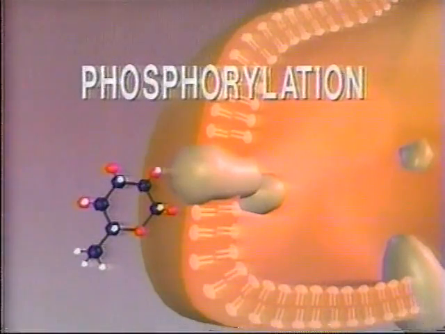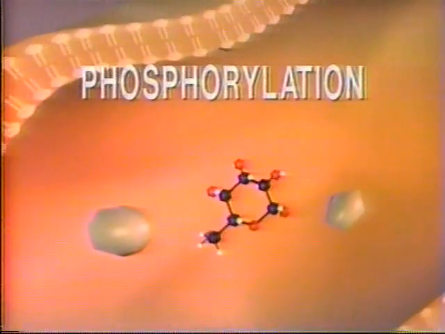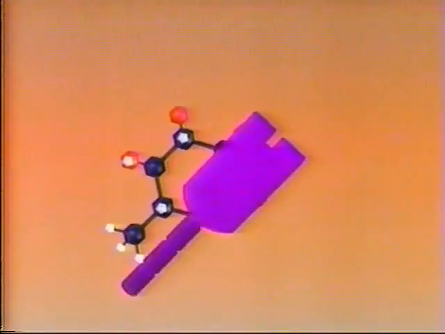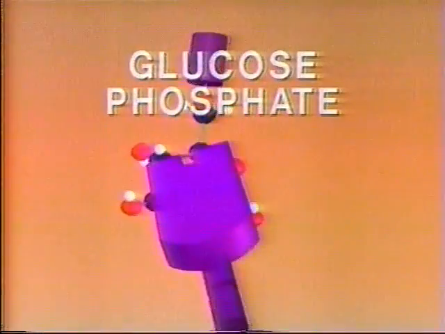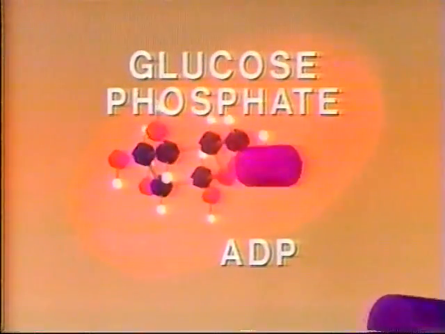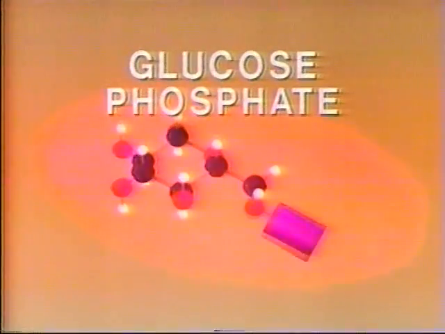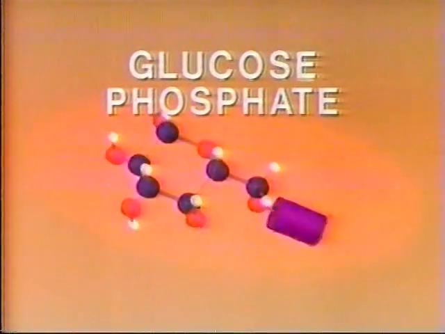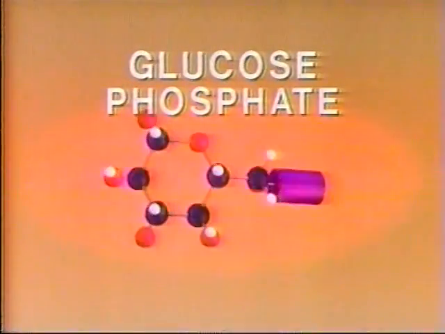Now for the details. In the first reaction, called phosphorylation, a phosphate group from one ATP is transferred to glucose, producing glucose phosphate and ADP. While half of ATP's energy was used in the reaction, the remainder is held in the energized glucose phosphate.